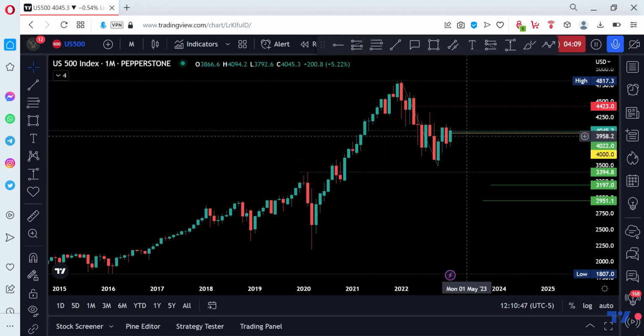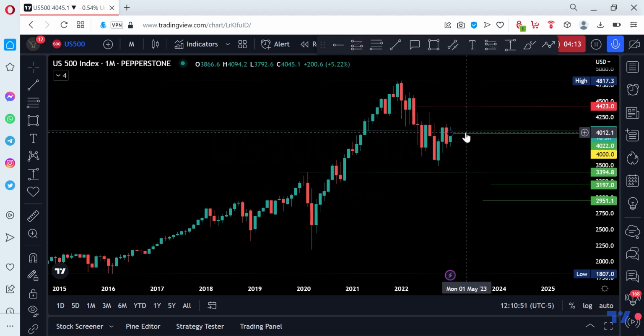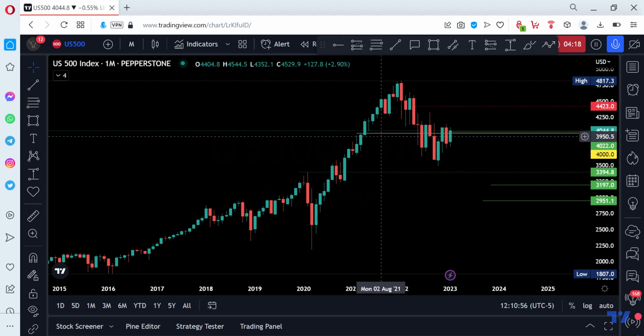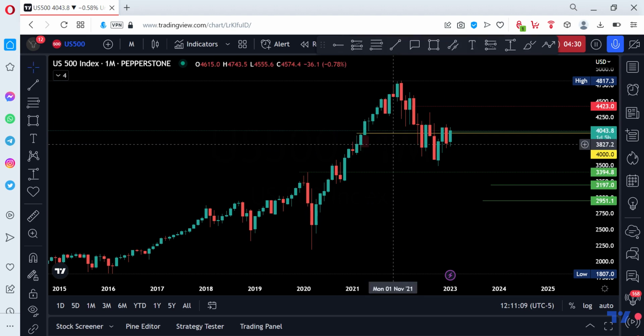Plus, we have a very interesting phenomenon here, which is this gap. What you see here on the weekly and on the daily is all a gap.